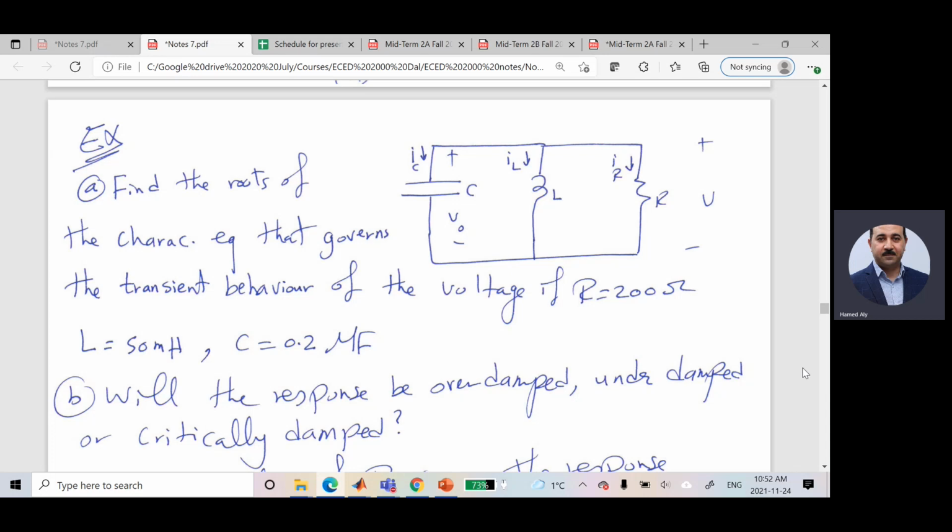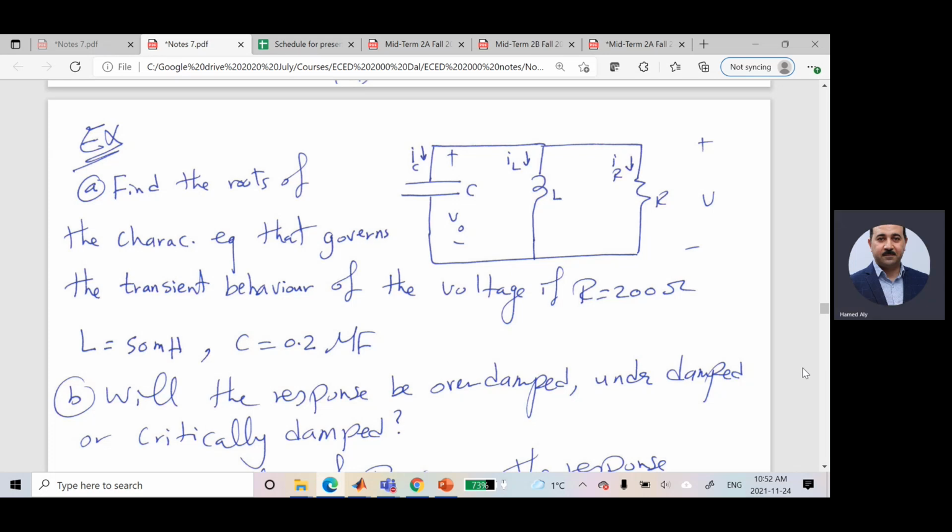So if you are looking for di of 0 by dt, you have to find VL of 0 over L.